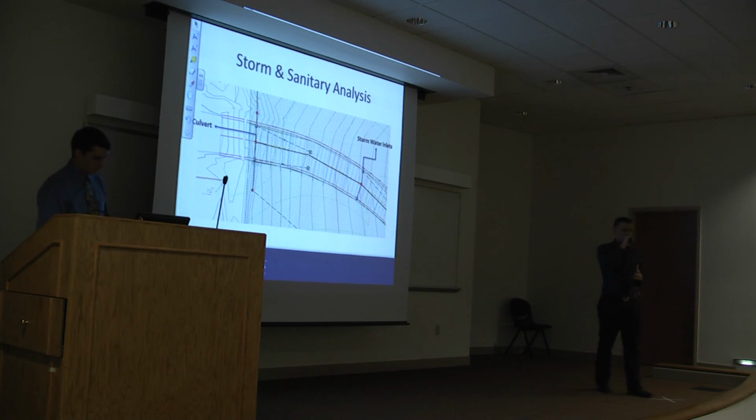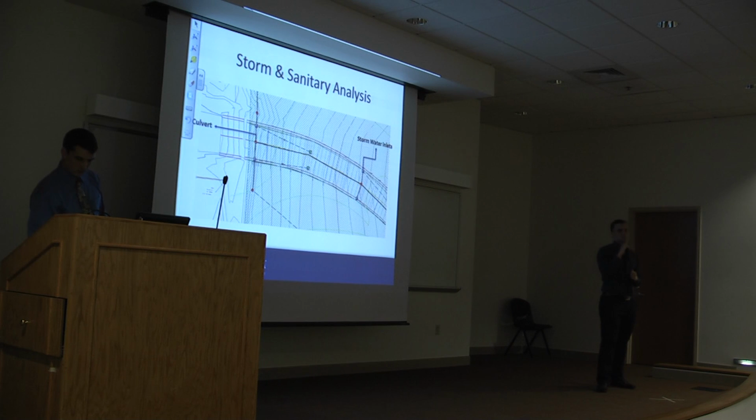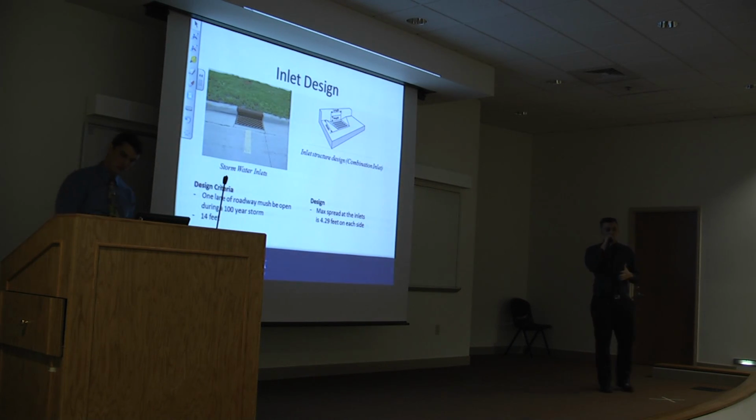So here we just wanted to show what we were seeing in storm and sanitary analysis. This is what we were working with. We have a culvert over there. You can't really tell what it is in this picture, but I will show you in the next few slides what it looks like. We also have stormwater inlets. The stormwater inlets we designed for this project are a combination inlet. That's where the water will flow into to get into the pipe system and then eventually end up in a detention basin.